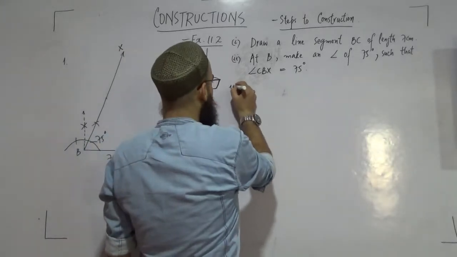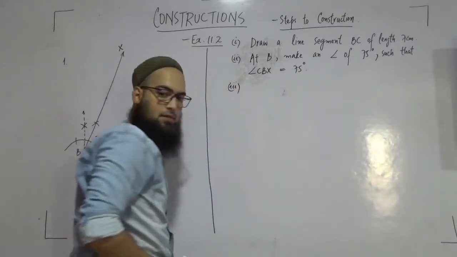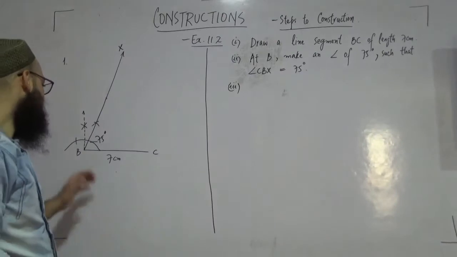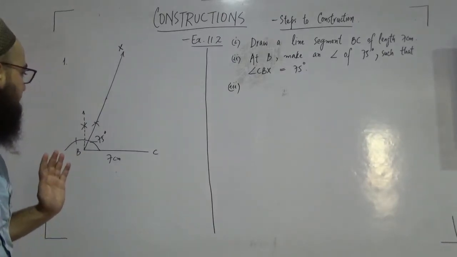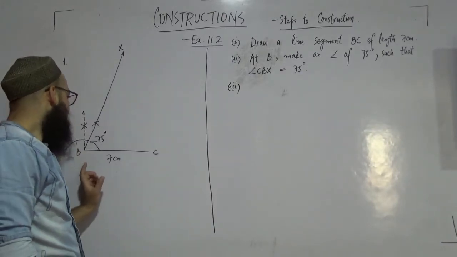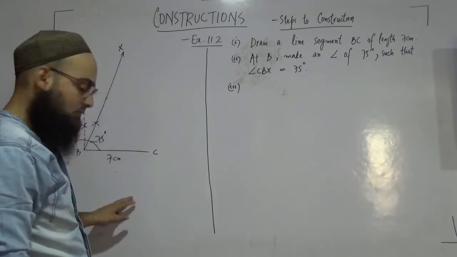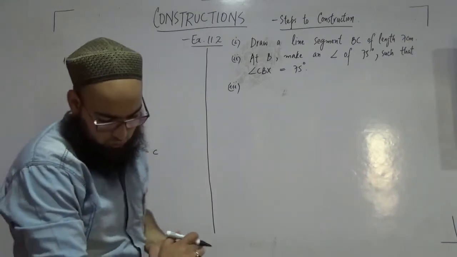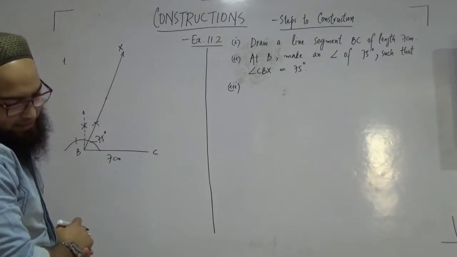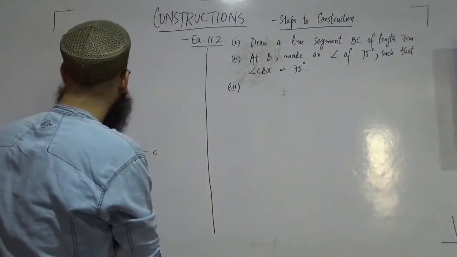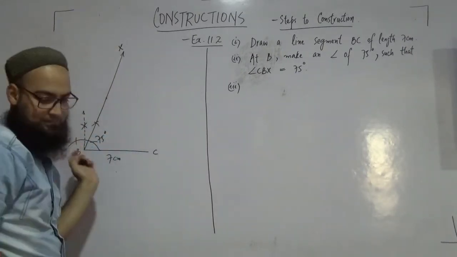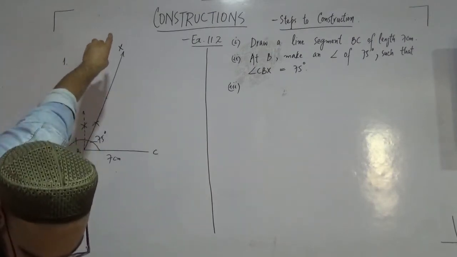Next one. After that, the next thing you can do is cut a line segment BD. Oh, sorry, BX. I named it X.